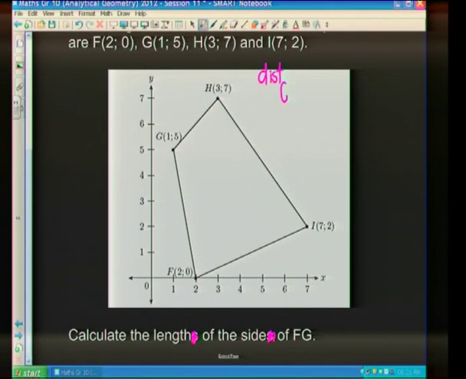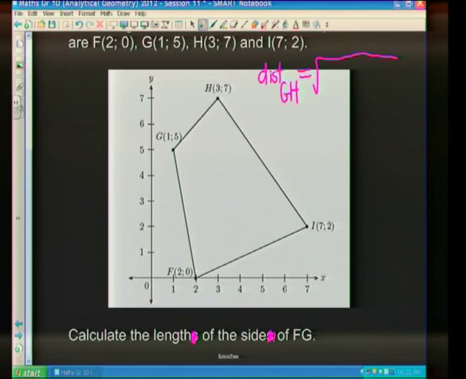GH. It's a good idea to tell me which side's length you are calculating by using a little subscript. It is not necessary, boys and girls, to rewrite the formula. You are allowed to substitute straight into the formula. So let's start at point H. I'm going to say 3 minus 1, and that is squared.